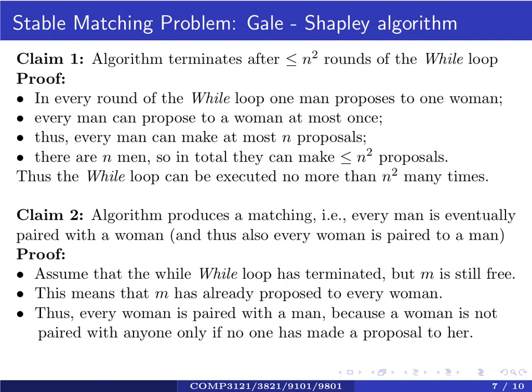But we just assumed that M has already proposed to every woman, including that woman. So every woman is already paired with a man. But this is not possible because there are n women and n men. So if every woman is paired with a man, all of the men are also involved in pairs, which is a contradiction with our assumption that M is still free.